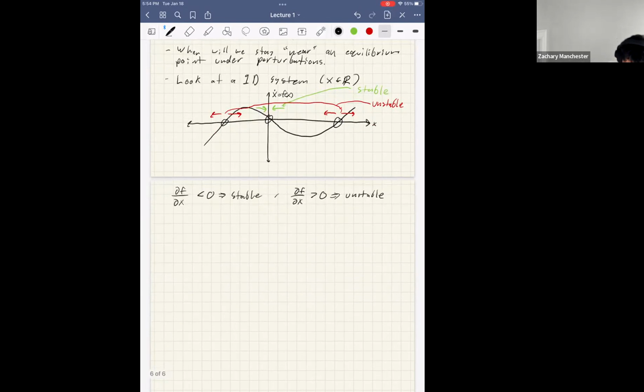In higher dimensions, we can still take these derivatives, but they're no longer scalars, they're Jacobian matrices, right? So what do you think happens in higher dimensions? We get partial f, partial x. This is a Jacobian matrix, and so it's n by n, where n is the state dimension.